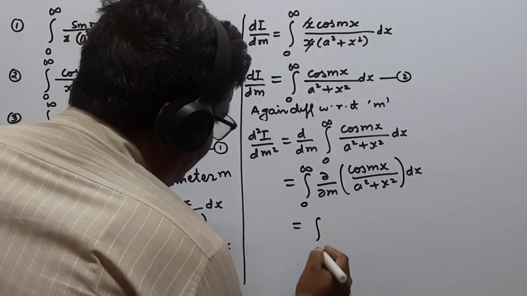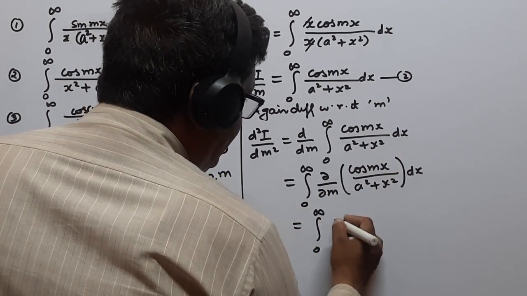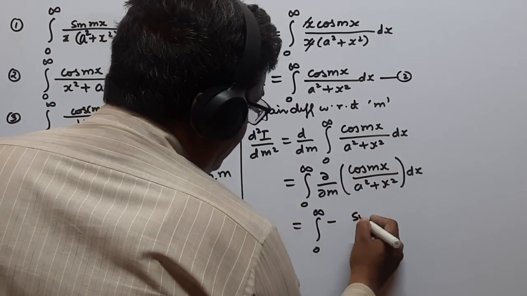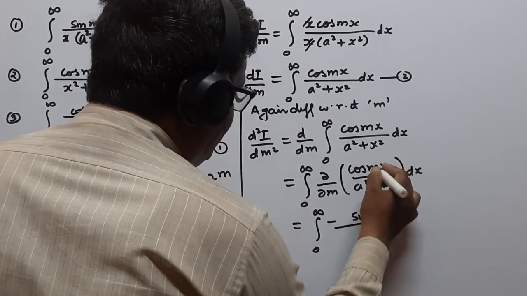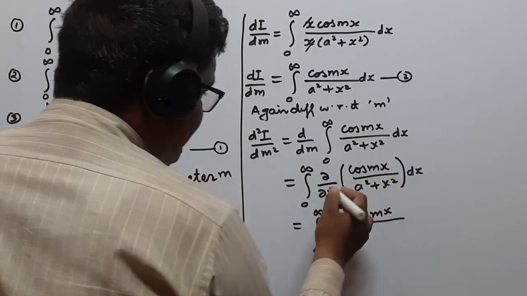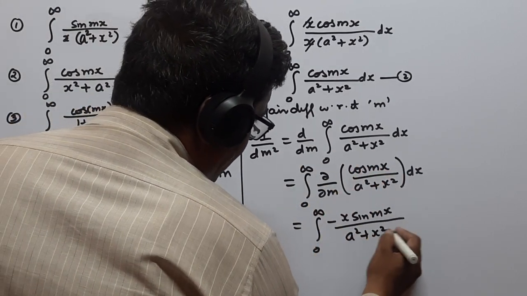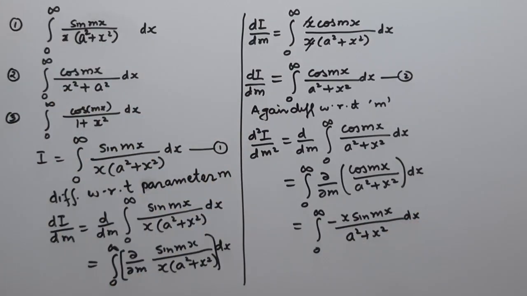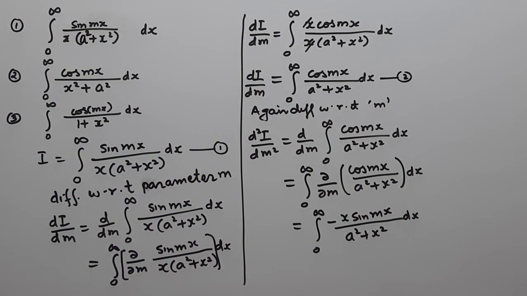So the differentiation of cos mx is minus sin mx, and when we differentiate mx with respect to m, x is the constant and the differentiation of m with respect to m is 1, and 1 upon a square plus x square is constant here. So this is minus sin mx upon a square plus x square.